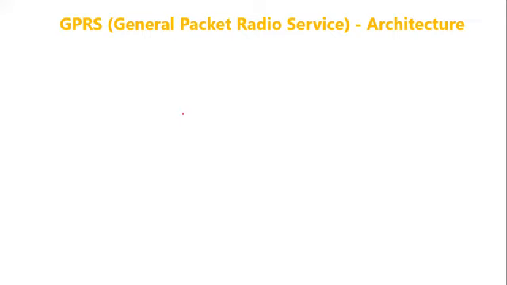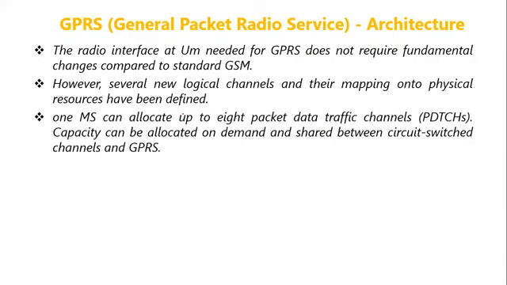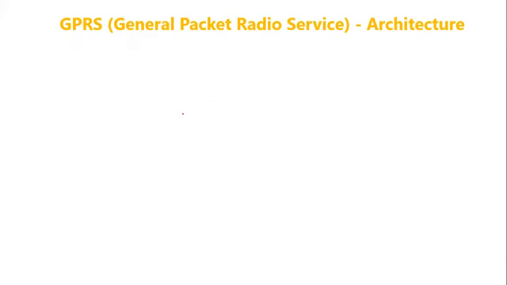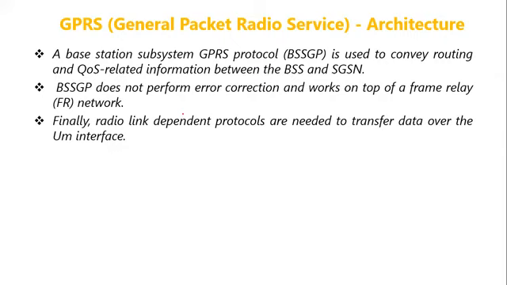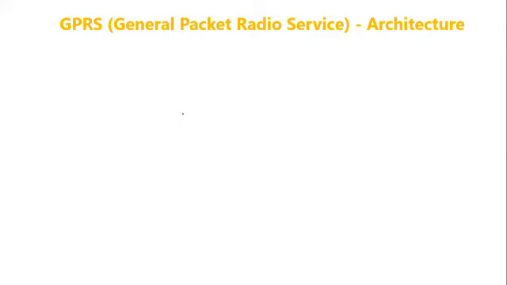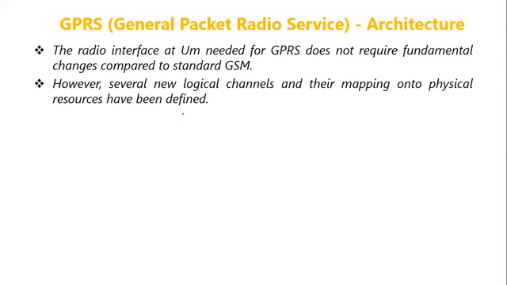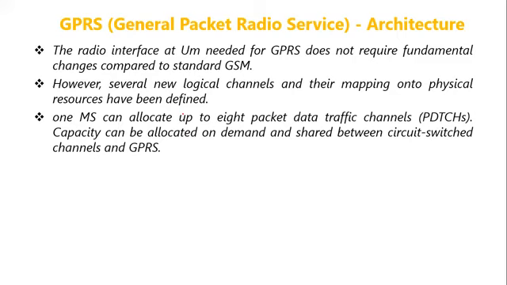And the radio link control, RLC, provides a reliable link, while the MAC controls access with signaling procedures for the radio channel and mapping of LLC frames onto the GSM physical channel.